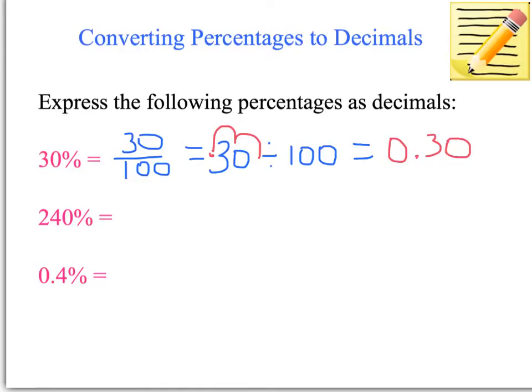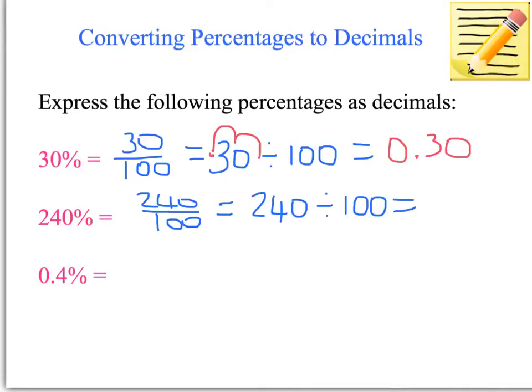Now 240% is 240 over 100, or 240 divided by 100, same thing. Move the decimal point 2 places left, 1, 2. Therefore, 240% is 2.40 as a decimal.